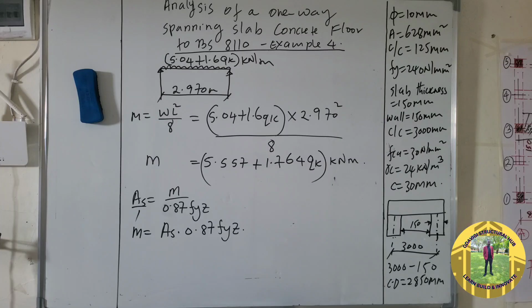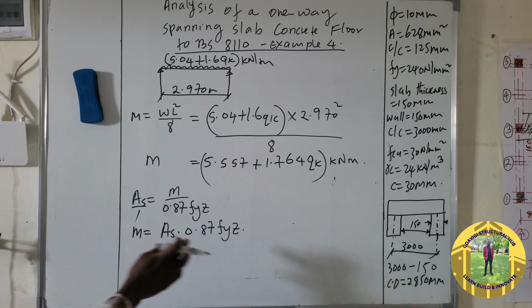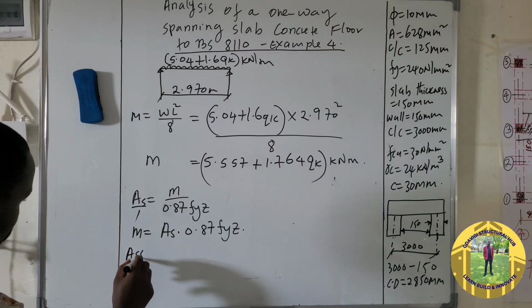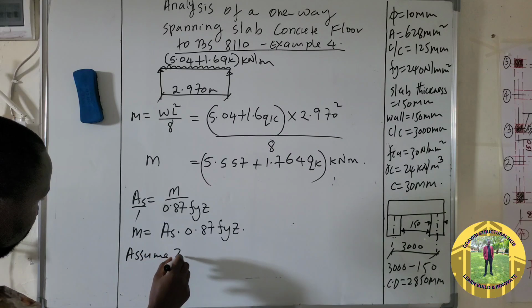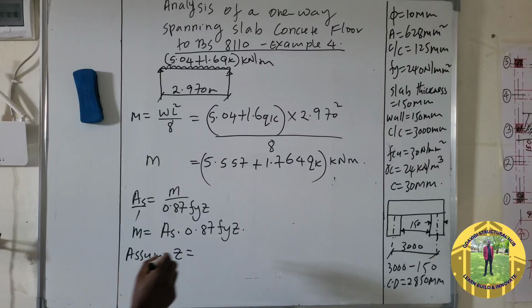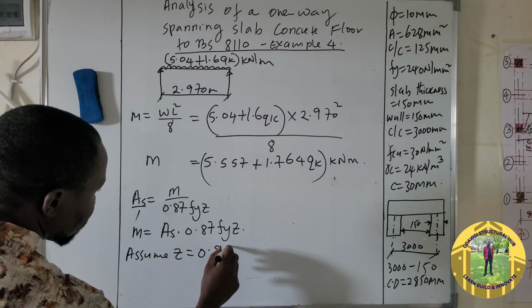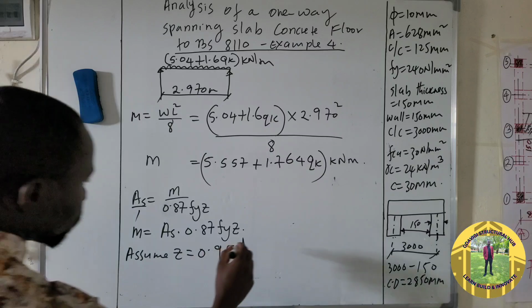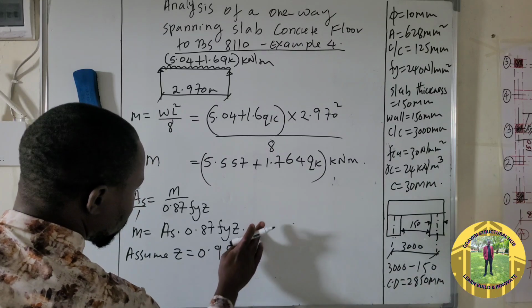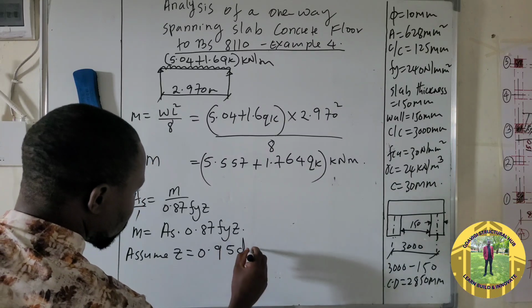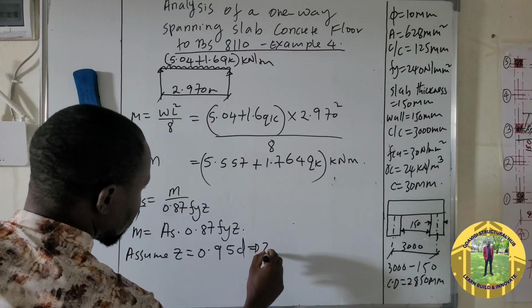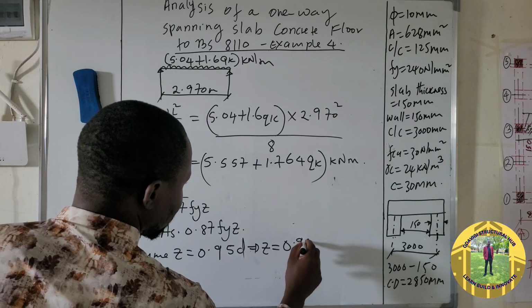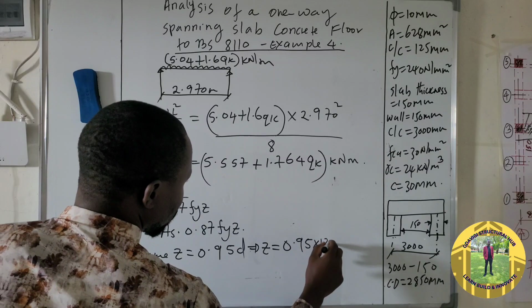And since we don't have M, we will assume Z. So assume Z is equal to 0.95D, which implies Z is equal to 0.95 times 120.